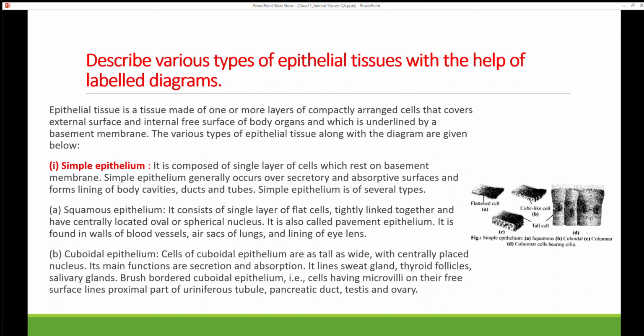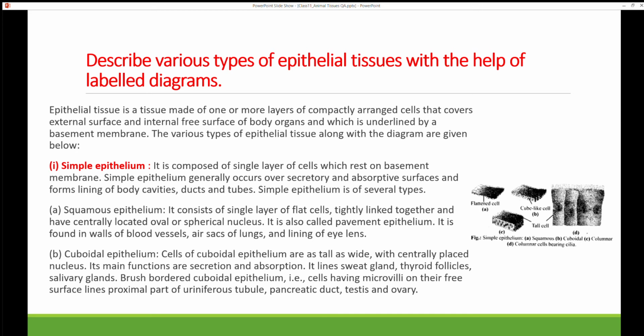Many kinds of questions can come. They can give a 1 mark question asking what kind of tissue it is, and then you can write elaborately. What is cuboidal epithelium?